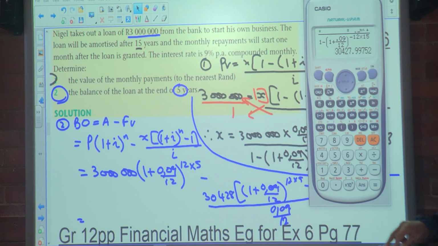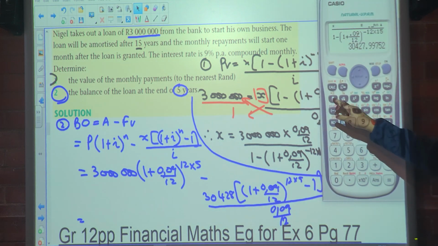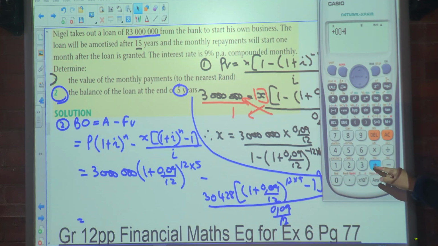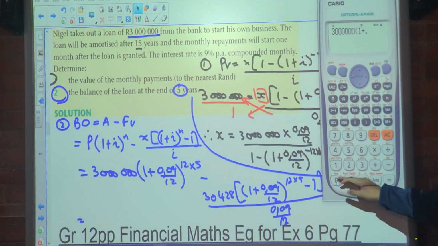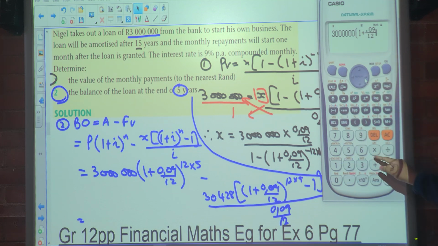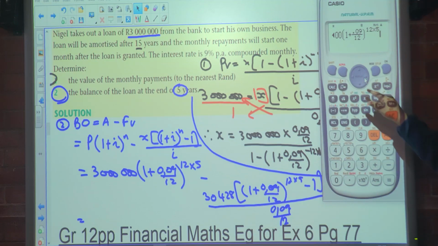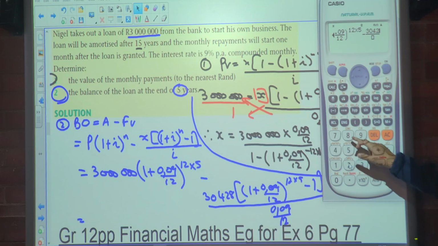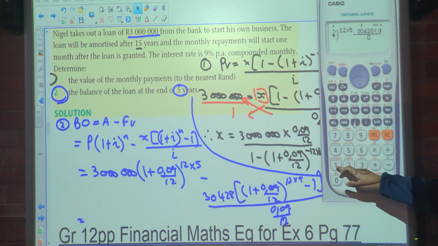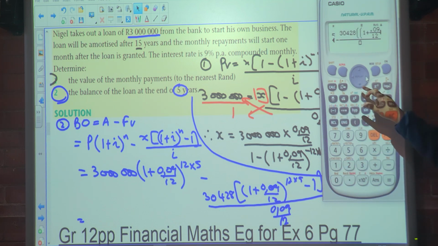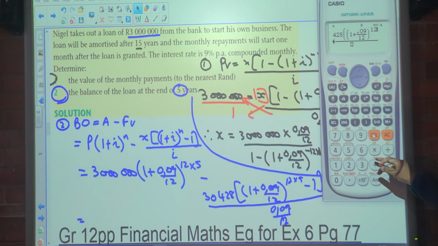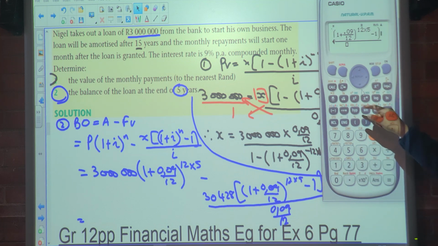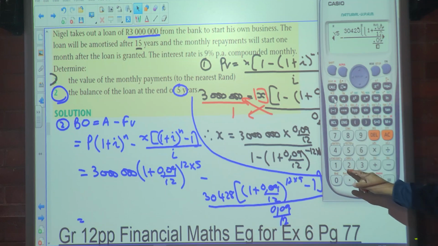Put that in the calculator: 3 million, sorry, not 30 million, into 1 plus 0.09 over 12 to the exponent 12 times 5, minus 30,428 into, open another bracket, 1 plus 0.09 over 12 to the exponent 12 times 5, minus 1, over 0.09 over 12.